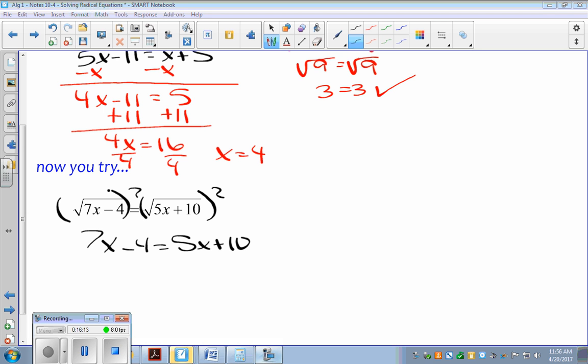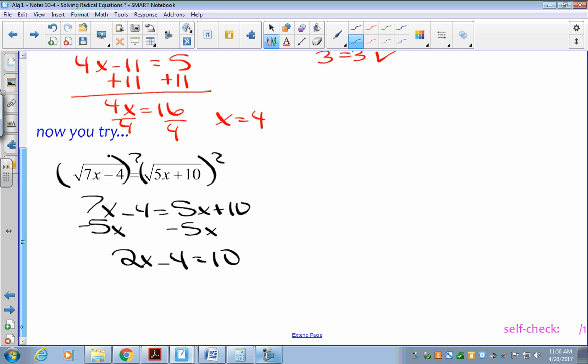Subtract 5x from both sides. 2x minus 4 equals 10. Add 4 to both sides. 2x is equal to 14, so x has to be equal to 7. And then we're just going to double check.